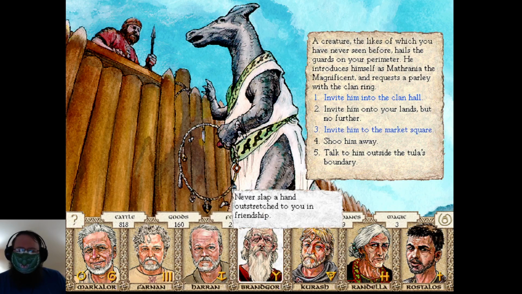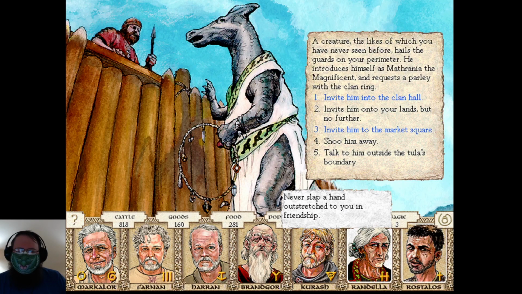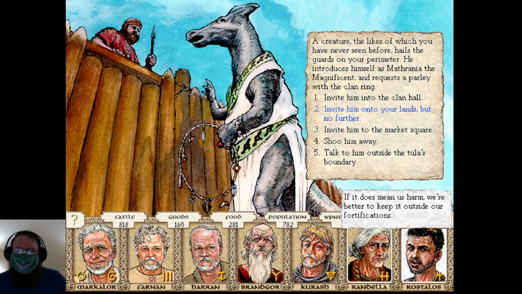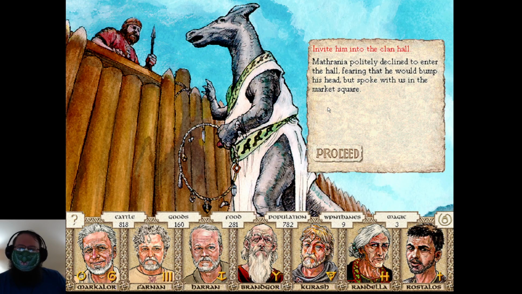Invite him into the clan hall and market space. If it does mean us harm, we're better to keep it outside our fortifications. I understand you are, but we're going to invite him into the clan hall, because most of them are in for that.